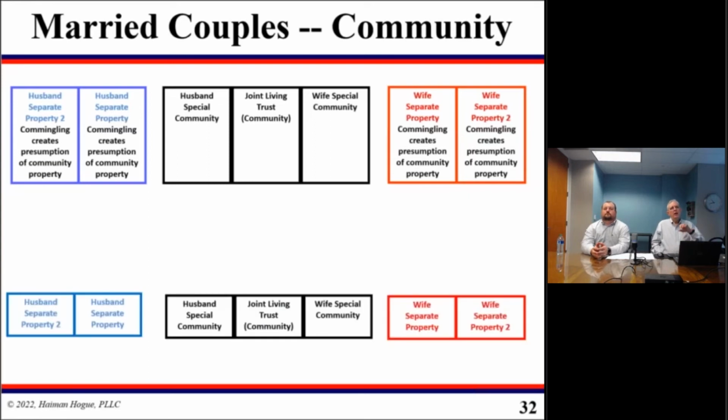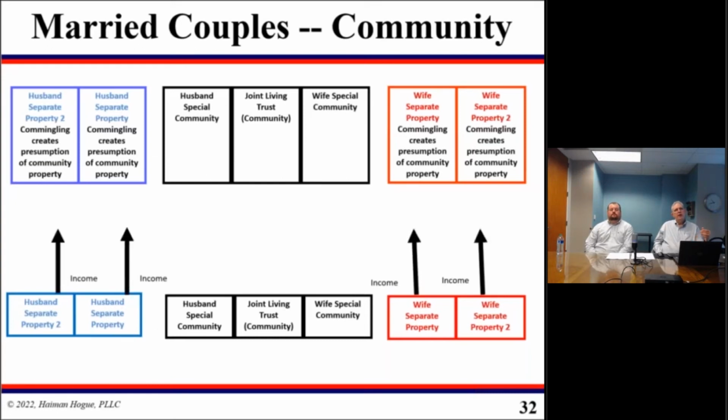Now, let's look at the income coming out of this. Now that we know that, how do we fix the problem? Well, the issue is the income coming out of the separate property. So it's going to come up, and then we're going to go shuffle that income over to a community account.